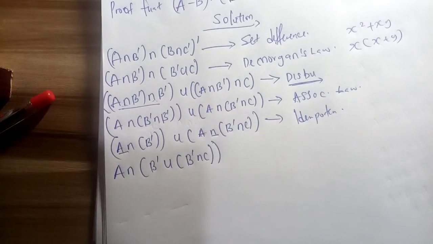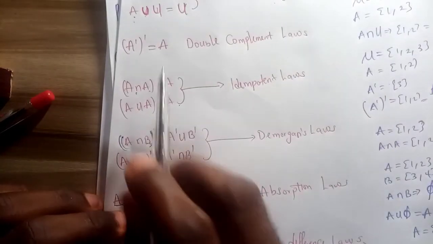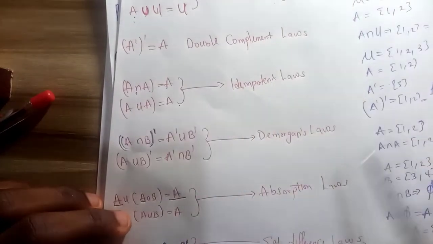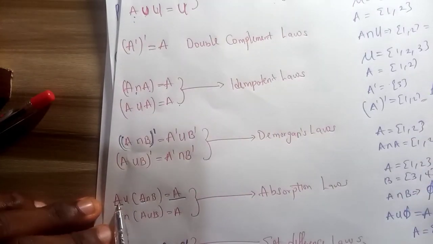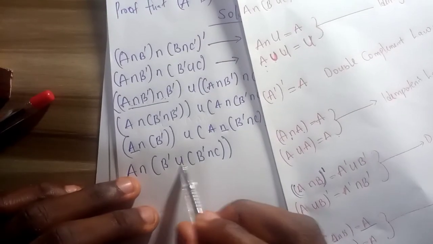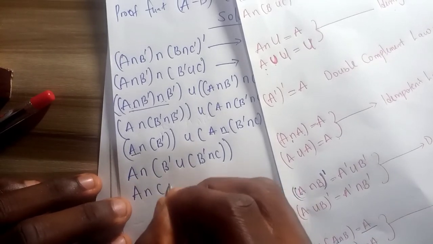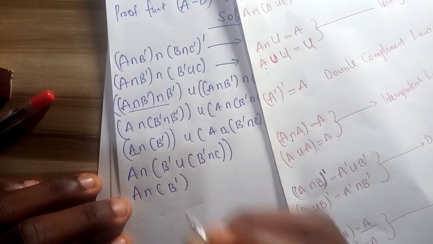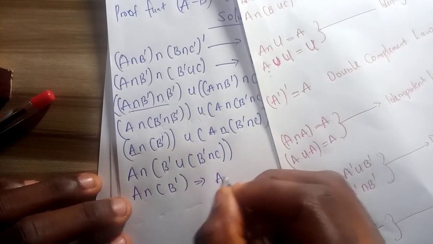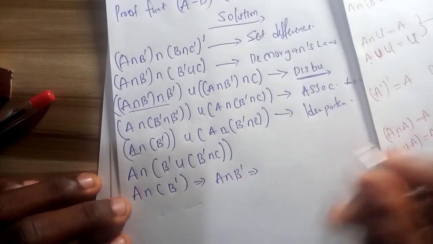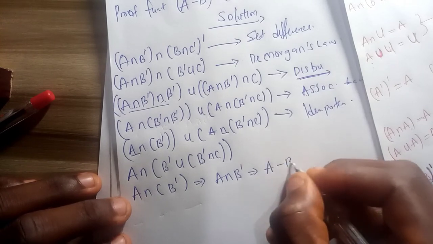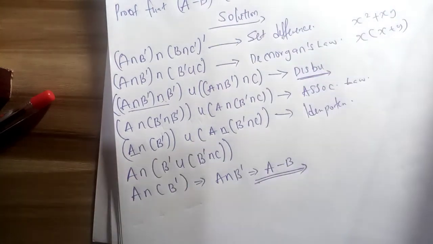Just look at the law that I gave you. When you have something like this, A union intersection B prime, that would be A intersect B prime. So you result in A intersect B prime. What is the answer? That is A minus B. So that is how to solve that set.